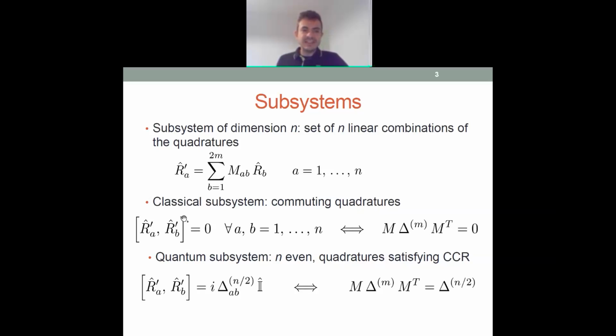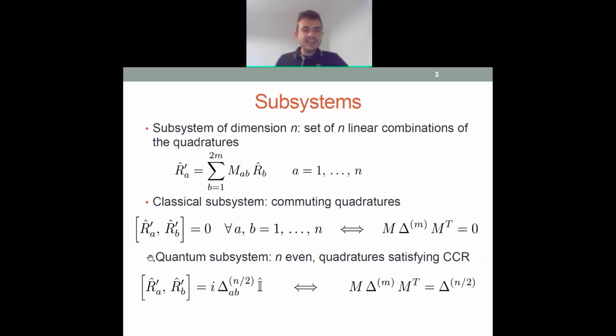And that's why we call it a classical subsystem, because we can measure all the quadratures in the subsystem and get actual numbers for these quadratures. And in terms of this matrix M, we can express this condition of commuting quadratures in this way. So M times the delta matrix of the global system times M transpose should be equal to 0.